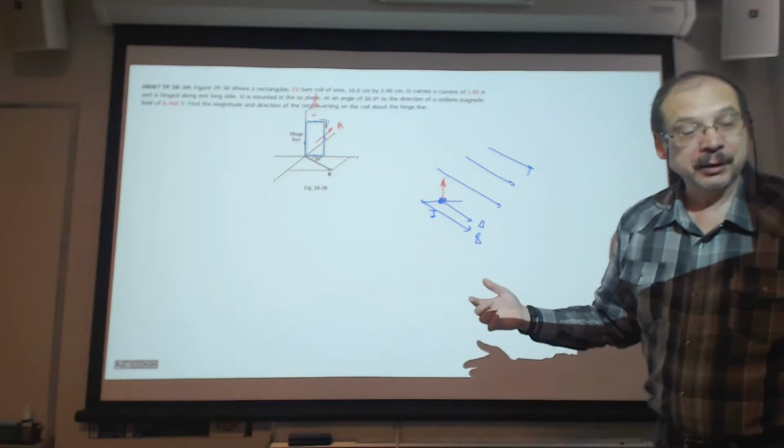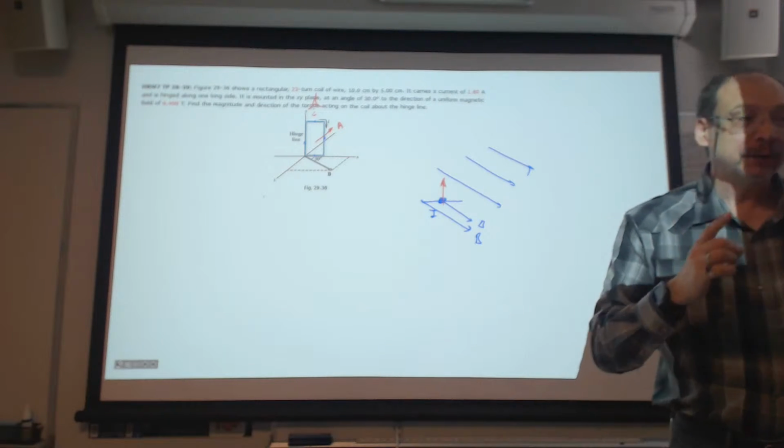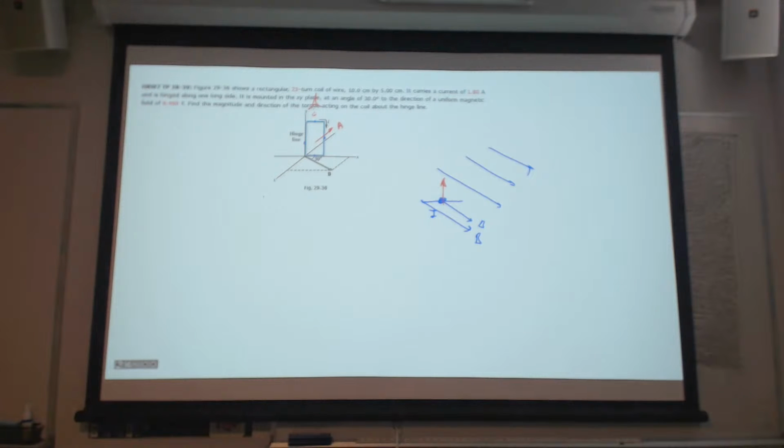Oh, okay. Because as we learned today, we have two extreme situations for a loop in a magnetic field. When the magnetic field and area vector are perpendicular, that provides the maximum possible torque acting on a loop. But when the magnetic field and area vector are parallel or anti-parallel, that provides zero torque.